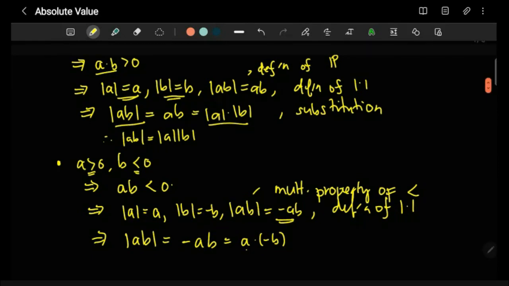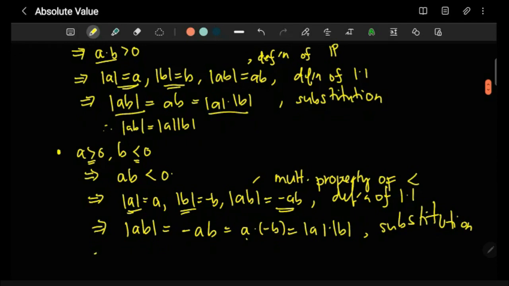Now A is simply the absolute value of A, and negative B is the absolute value of B. Again, that's just substitution. So we can conclude in this case that the absolute value of AB is the absolute value of A times the absolute value of B. We're done with this case.